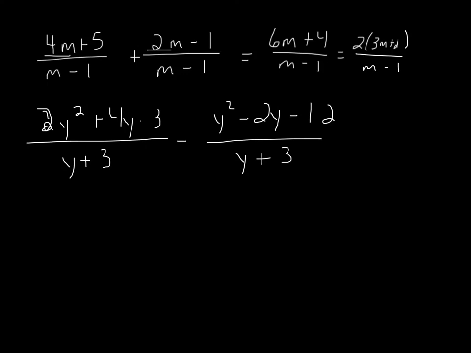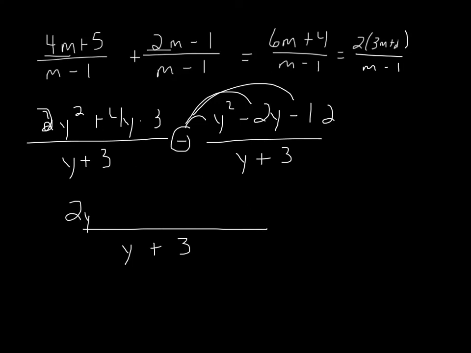Now, we want to make sure we have that negative and we distribute it to everything inside of here, so it's going to go to all 3 of them. I'm going to combine them and switch them at the same time. On the bottom we have y plus 3. On the top we have 2y squared plus 4y minus 3, then minus y squared plus 2y plus 12.